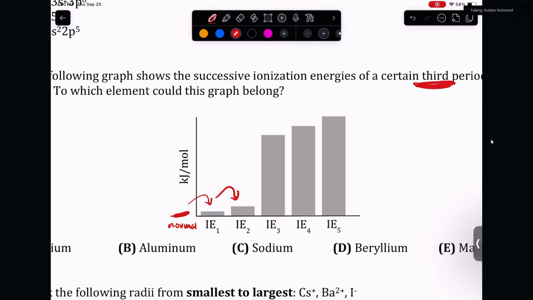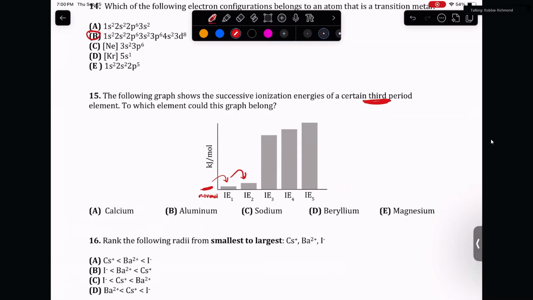Now, look at the difference between ionization energy 2 and ionization energy 3. That is a very significant jump in kilojoules per mole. That indicates that whenever we lost that second electron, that was our noble gas configuration. And to deviate and lose another electron from that noble gas configuration, we would spend significantly more energy. So you see that jump.